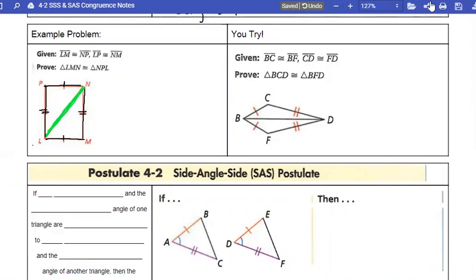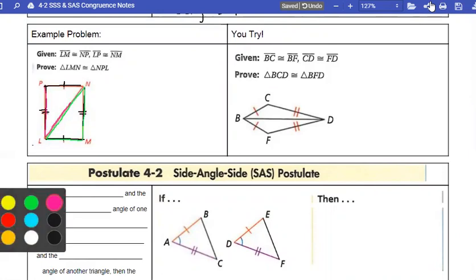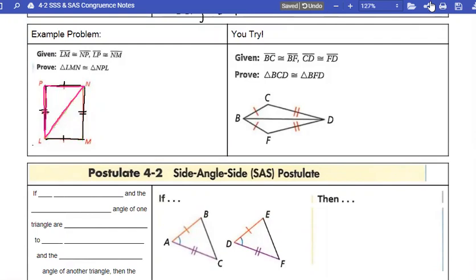Both of our triangles, my green triangle here and my pink triangle, both touch this side right here. If they both touch that side, that's the exact same line.